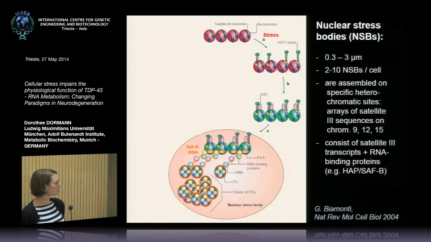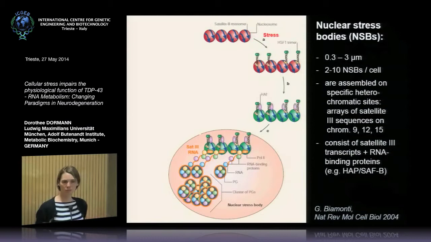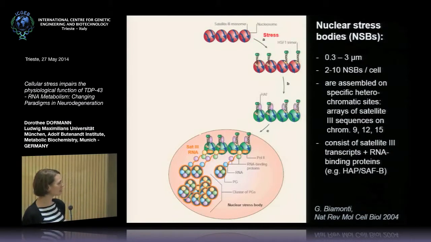And these satellite 3 RNAs then recruit certain RNA-binding proteins such as SAF-B and TDP-43, as I've shown you on the previous slide. So these nuclear stress bodies are pretty much large ribonucleoprotein complexes that form these very large clusters in the cell.